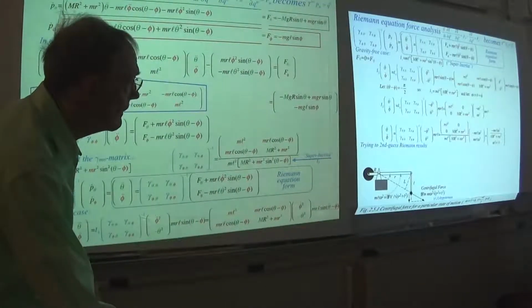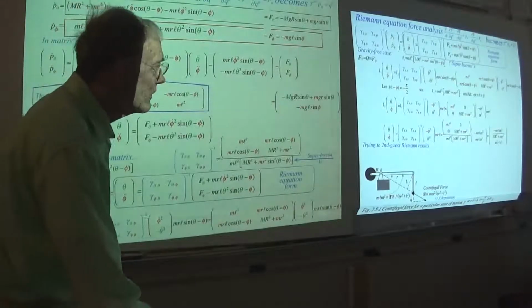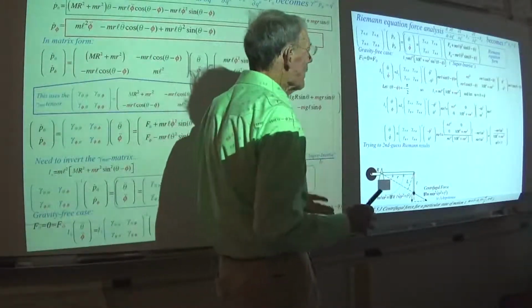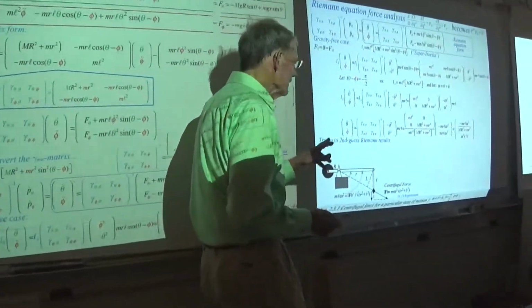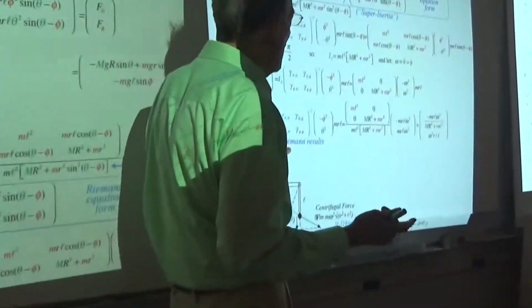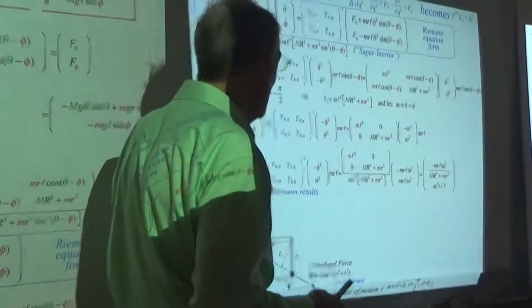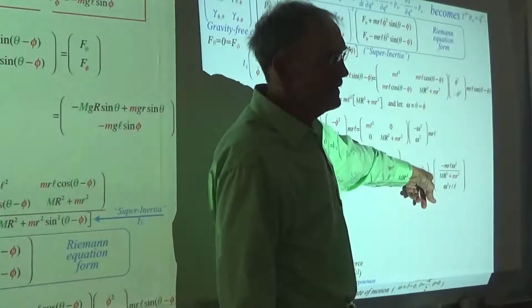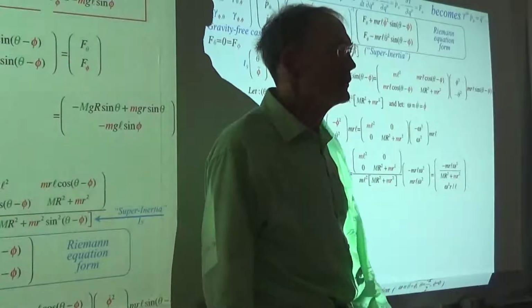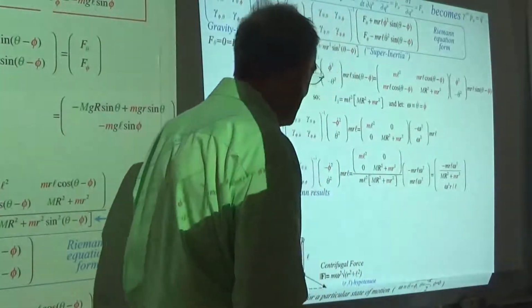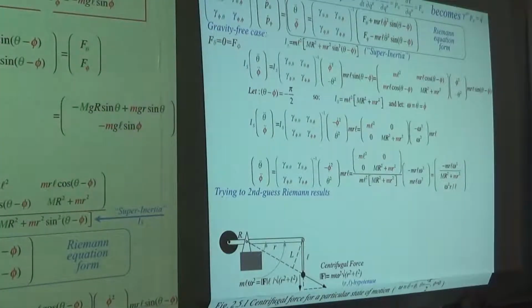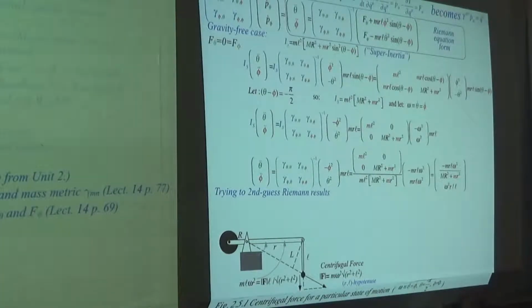And if you were really smart, and I am not, but maybe some of you are, you could just write this equation down. I call that second guessing. We're going to second guess the Riemann equation. I'm going to go through this really quickly because we're running out of time.